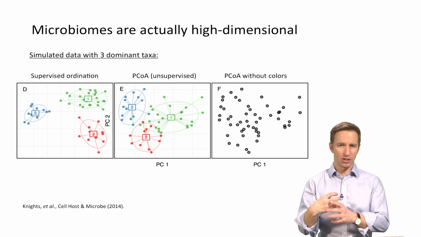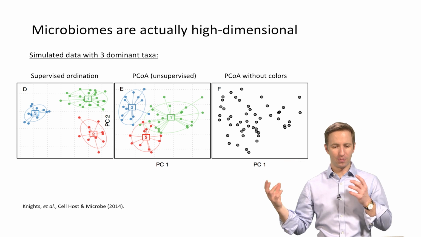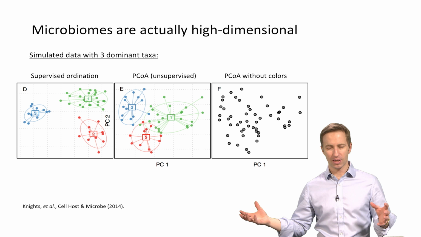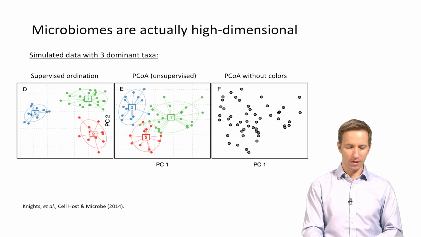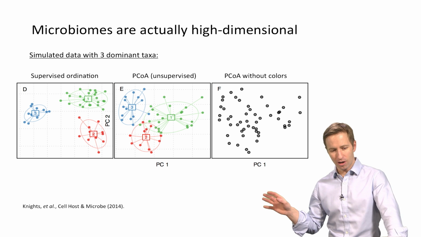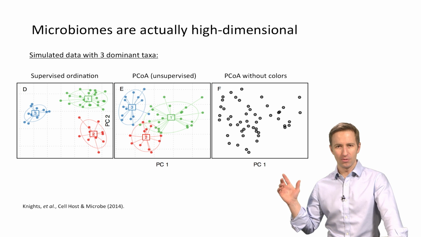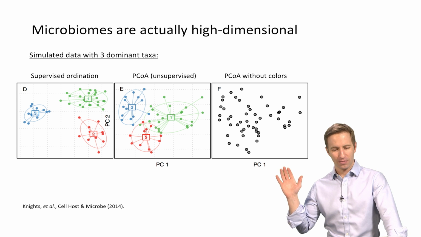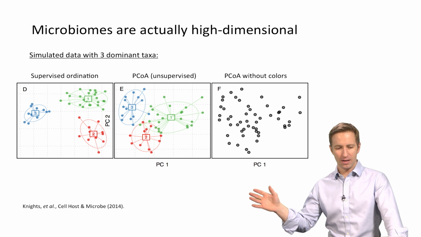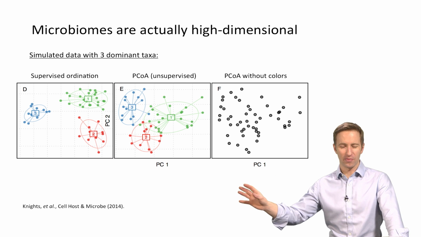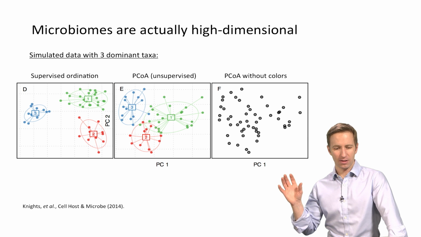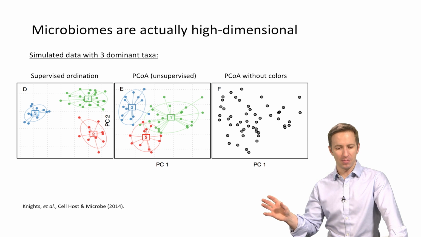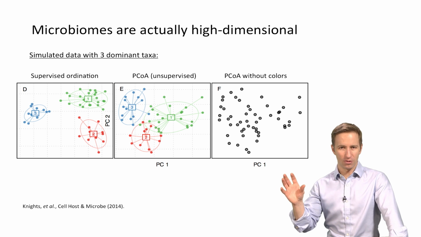Following a supervised ordination makes clusters look really good, but the unsupervised ordination, especially when you take those colors away, makes it clear that there is no discrete cluster structure in the data. So this is just a cautionary note about the need to use unsupervised ordination in combination if you're ever going to use supervised ordination, and also to take into account how the coloring might be influencing your visual interpretation.